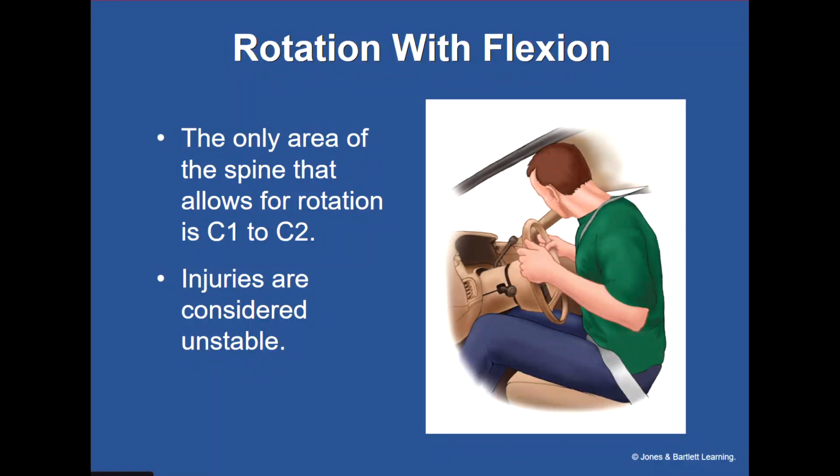especially by fractures. Rotational injuries are very dangerous. Remember, C1 and C2 are really the only ones that allow for rotation, and so when that head is whipped rapidly to the side, again, you can have fractures that occur in that area.